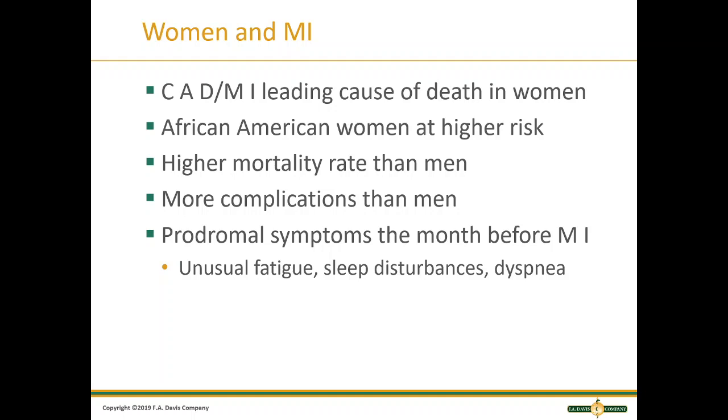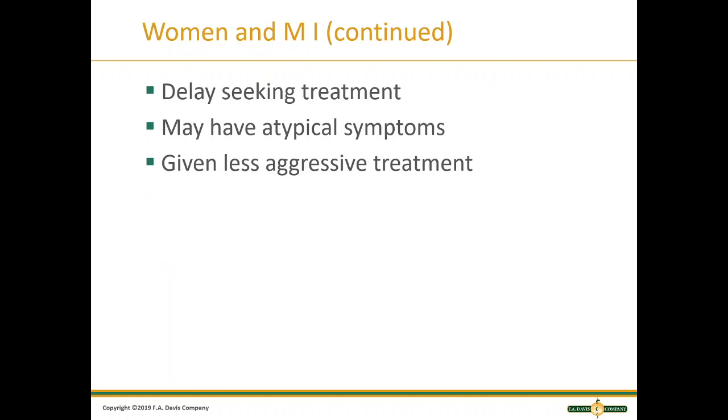So CAD, MI is the leading cause of death in women. African American women are at higher risk, with higher mortality rates than men. So women are less likely to recover from an MI, with more complications than men. Men have a little bit higher risk of getting it, but women have a more severe mortality rate.